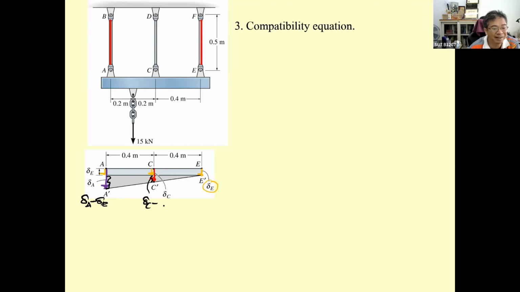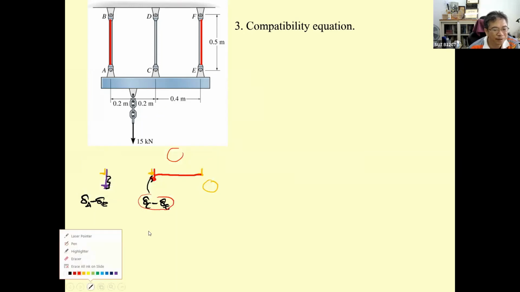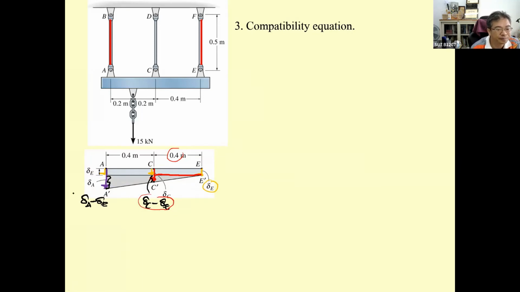And then if you go back to the previous example, you divide this one by similar triangle. This one divided by 0.4, and this one, let me put it in green, this one will be divided by 0.8.